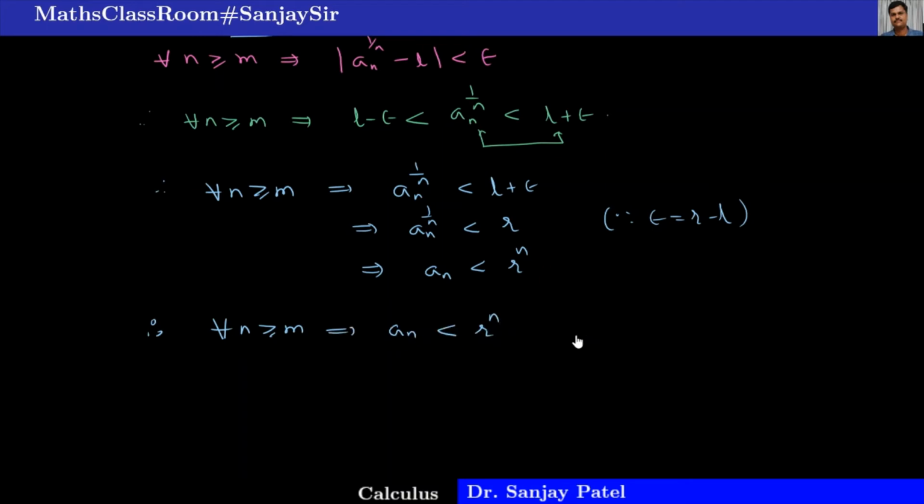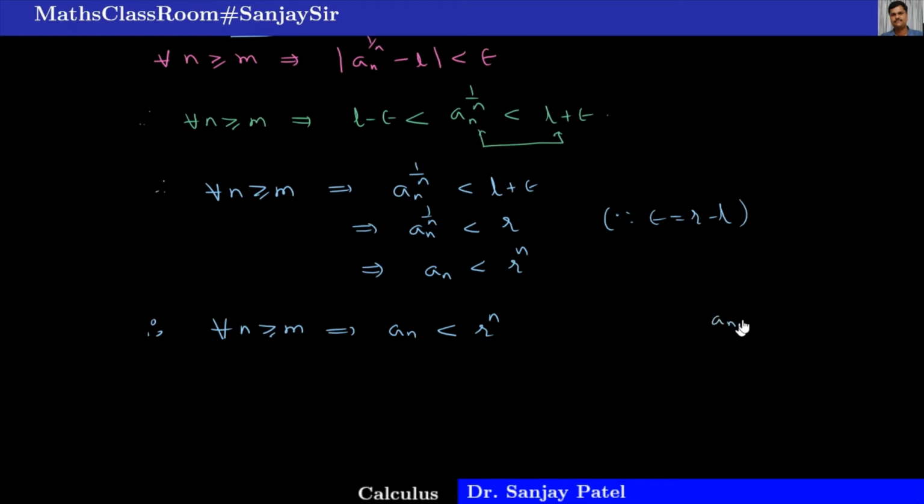is proved. Okay. Now we have two series here. One is sigma a_n, and the other, the right hand side sequence, gives you the geometric series sigma R raised to n. Okay. So I can use the comparison test here, because you know what the comparison test is.